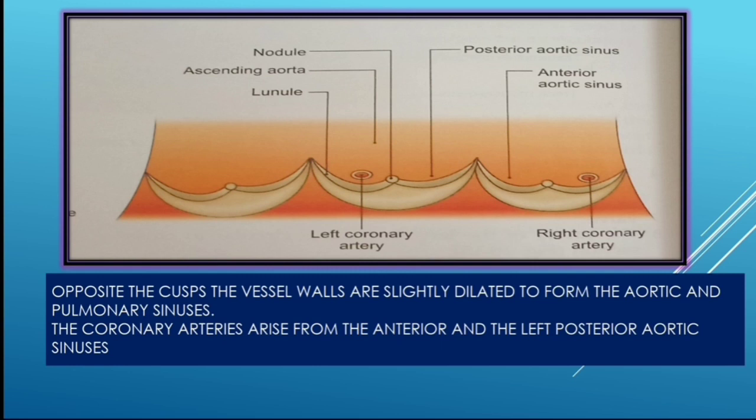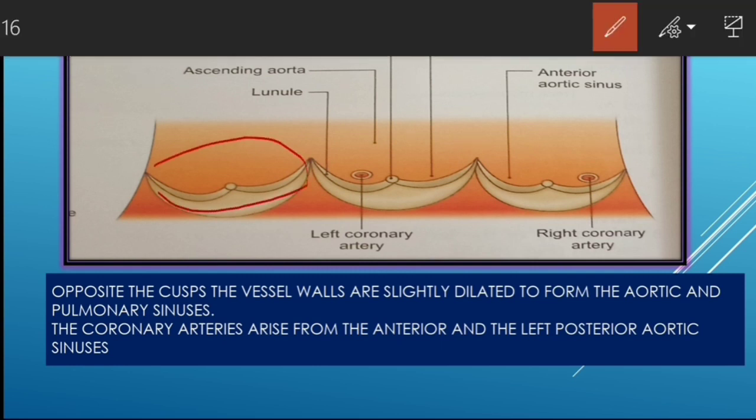This portion is known as the mouth, which is directed away from the ventricular cavity, and this portion is toward the ventricular cavity, right? The free margin of each cusp contains a central fibrous nodule. This is the central fibrous nodule, and in the periphery this area is known as the lunule.